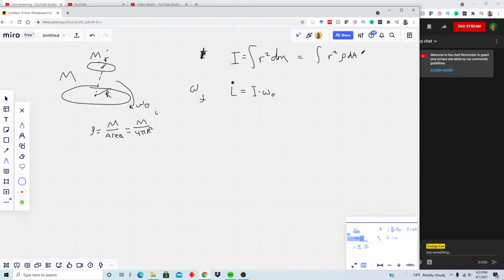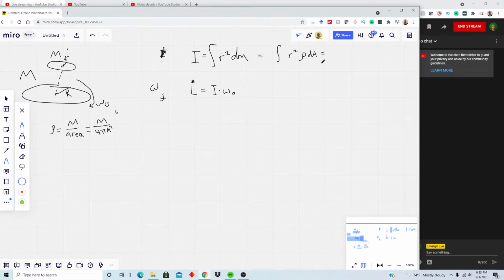Sorry if I'm a little delayed. I'm trying to think because I haven't tackled these problems in a while. We know that dA in this case could be calculated as a function of dr times the radial component.